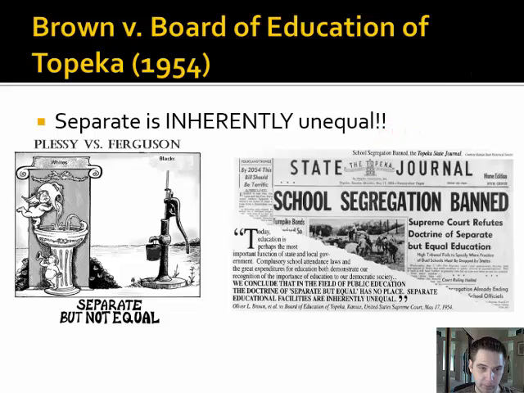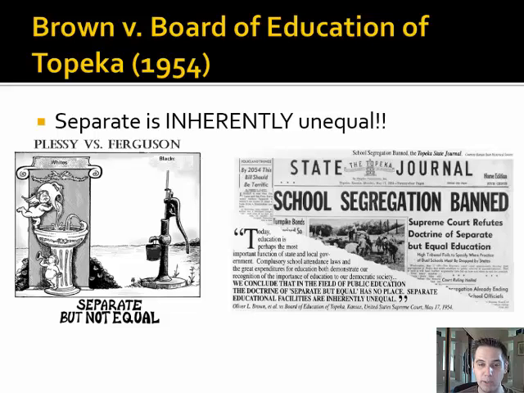Brown was the last name of a family, where a little girl had to walk 21 blocks to her school because the white school 7 blocks away was for whites only. 21 blocks, that's a long walk. There were no buses to help her get to school. Not that it would have mattered, because there was a school a lot closer to her.